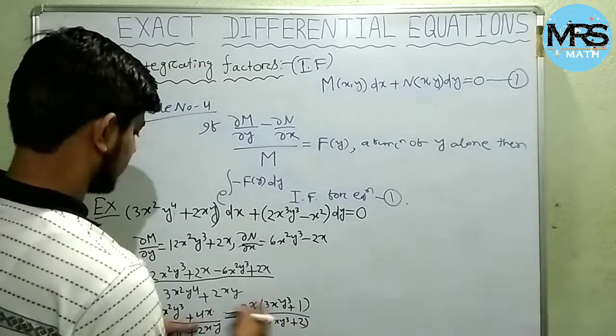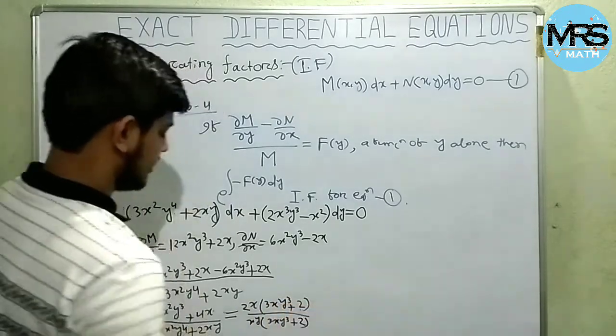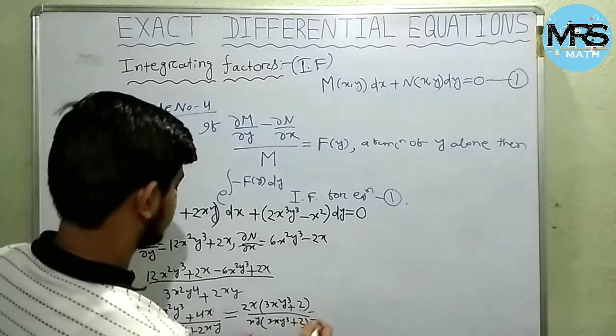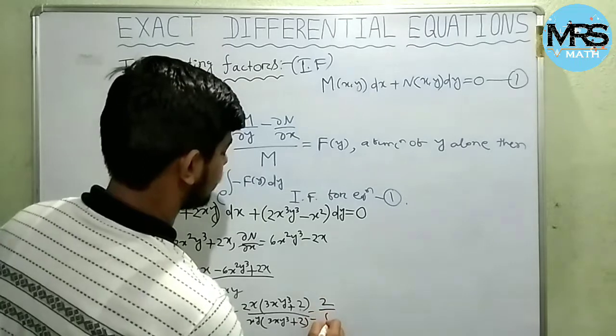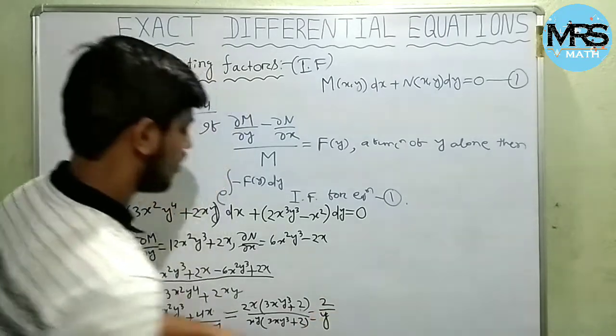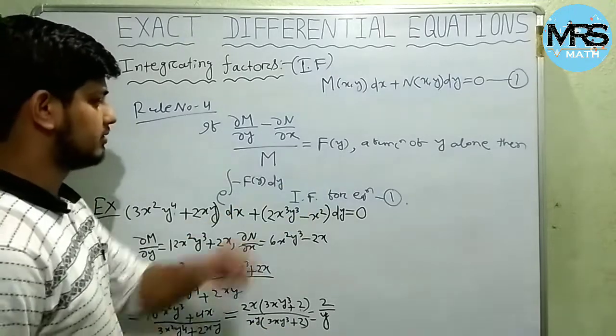Here 2x is common, so here it will be 2. Mistake I did. So this one will cancel, so x cancels. So it will come as 2 by y. So this is a function of y alone, right?